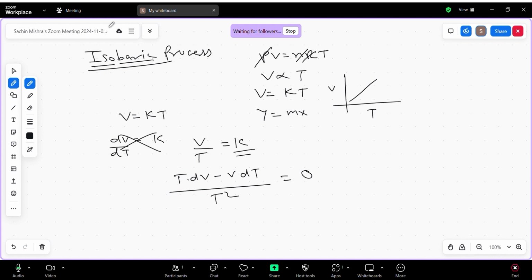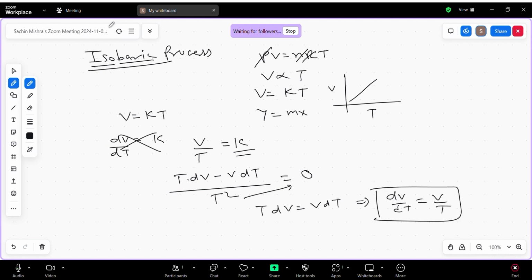So we can cross multiply and get T dV equal to V dT. Let's simplify. We get dV by dT equal to V by T. This is our relation, the differential form of the isobaric process. I hope up to this everyone is okay.